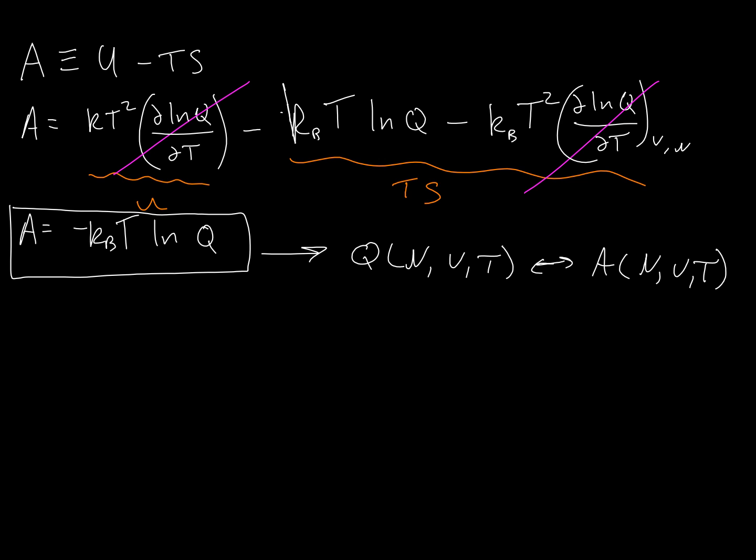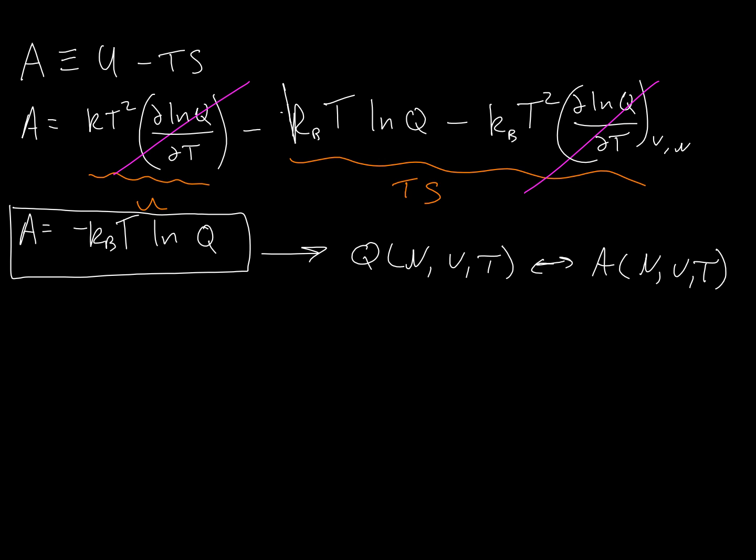So the canonical partition function is most simply and easily related to the Helmholtz free energy because it shares the same fundamental thermodynamic variables. Just in the same way as with classical thermo, you can calculate any function you want from any starting point, but some functions are much easier to calculate based on having particular variables held constant.